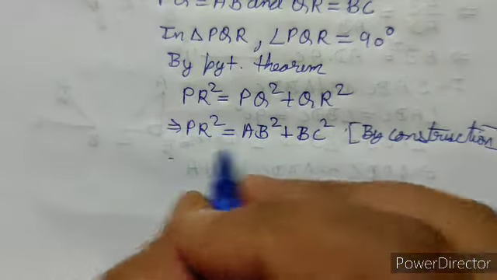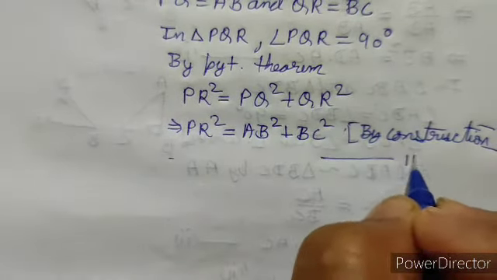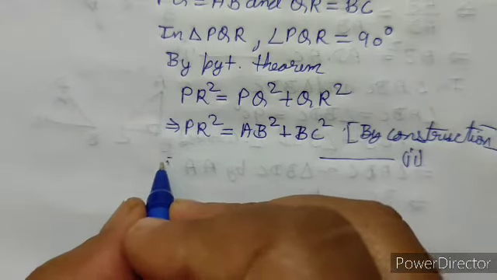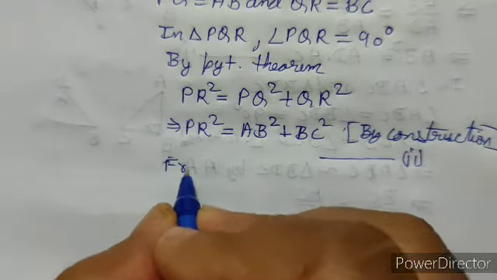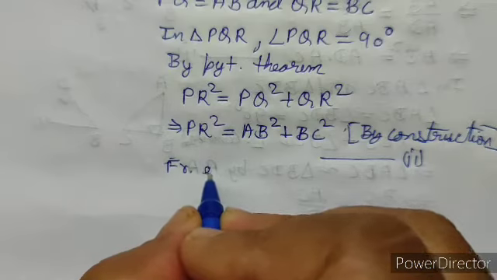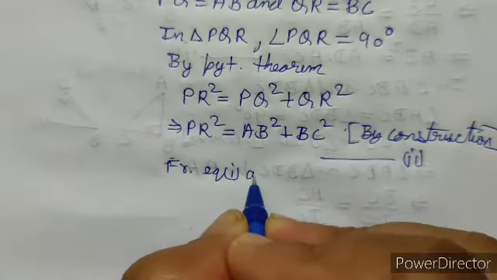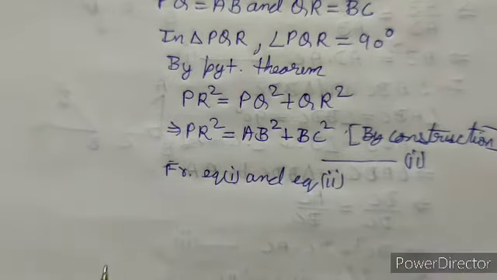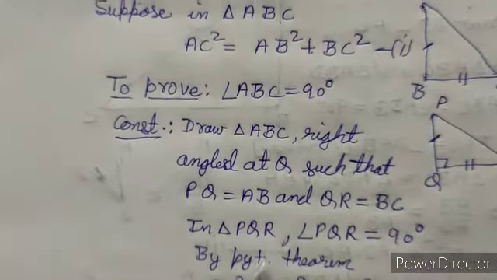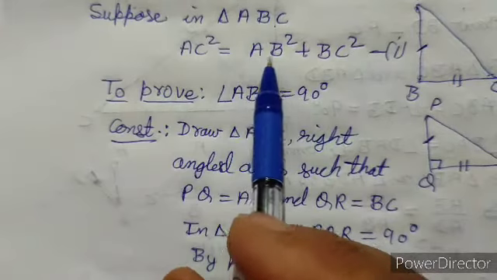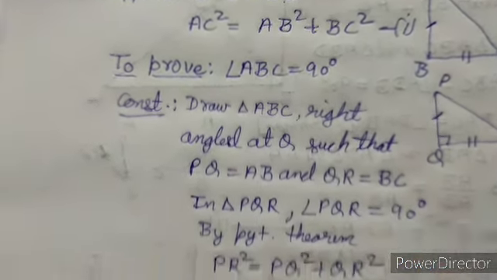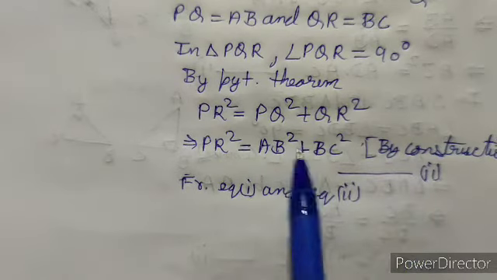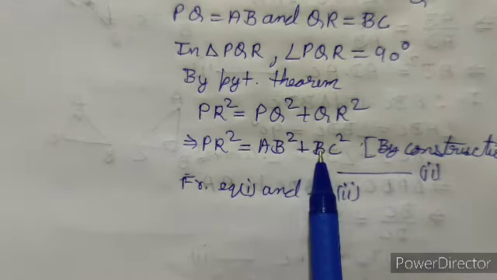Now this is equation second. From equation first and equation second, if we see equation first, its right hand side is AB square plus BC square, and the right hand side of equation second is also AB square plus BC square.